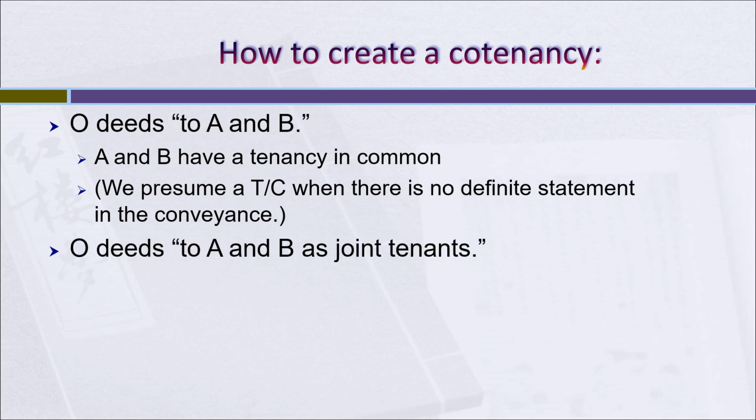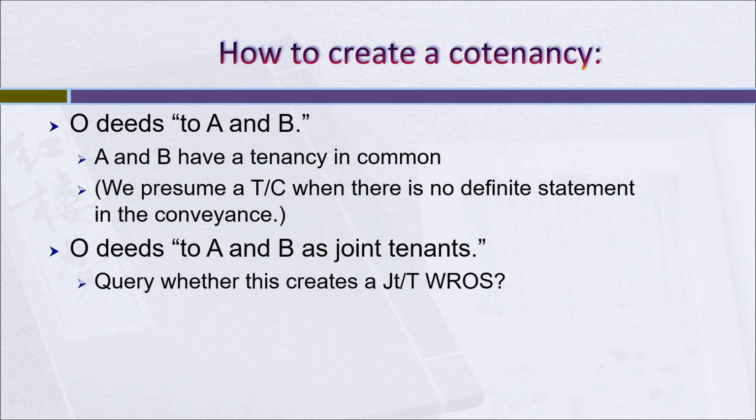Now suppose the grantor is a little more specific and says, "I deed this property to A and B as joint tenants." You'll notice that the grantor didn't say with right of survivorship. He just said as joint tenants. So the question is whether that is sufficient to create a joint tenancy. It might or might not, depending on the state. The case law is divided on that.